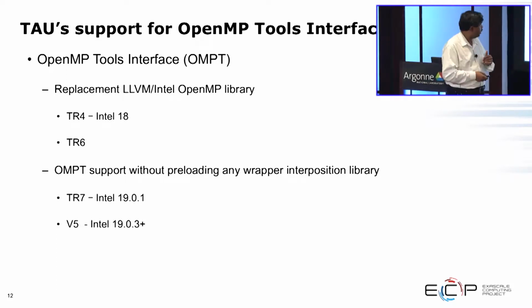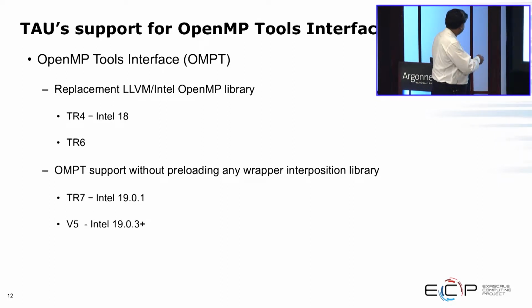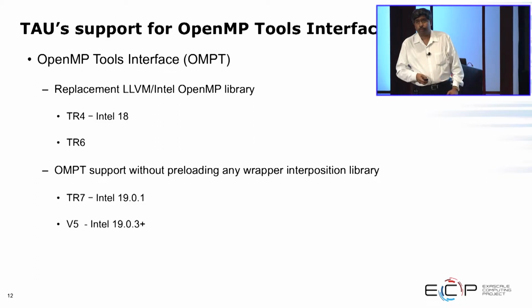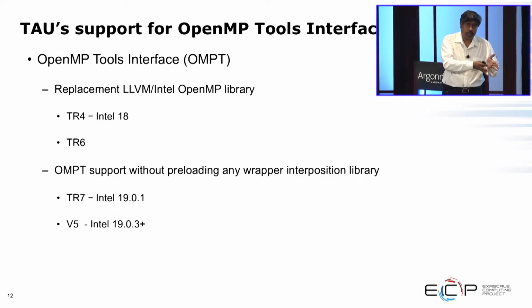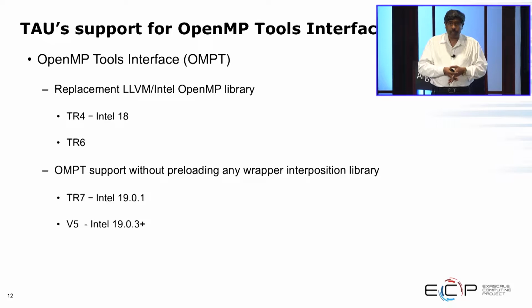So as it has evolved, earlier we had support for the OpenMP TR4, Technical Report 4, TR6, and more recently the TR7 with Intel compilers, and finally the version 5 of OpenMP tools interface, where you do not need to substitute one runtime with another, but the tool itself provides all the hooks. The compiler itself integrates with the tool and makes those OpenMP events visible to the tool.